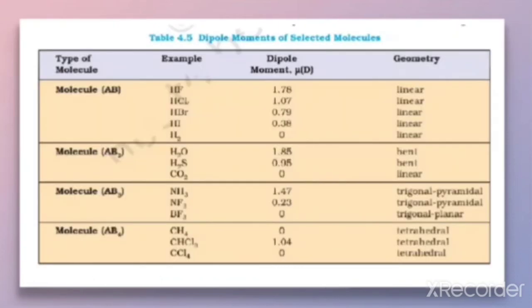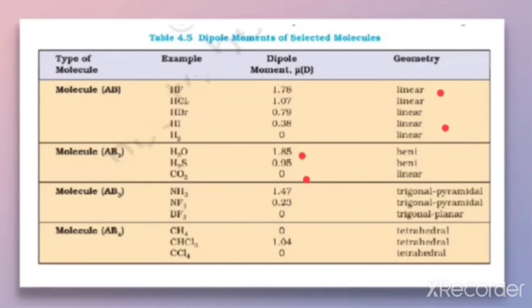In the textbook, some molecules are given and their bond dipoles are given. With the help of bond dipole, we can predict the geometry because, as shown here, in the case of a diatomic molecule, the geometry will be linear. But in the case of a polyatomic molecule, the value of dipole moment shows the shape.